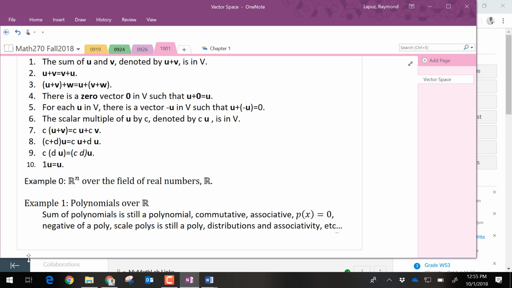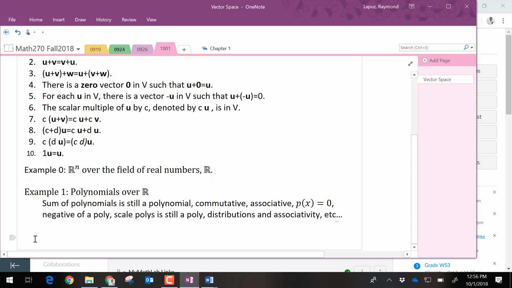But if I collect the set of all continuous functions, for example, those also form a vector space, anything that would satisfy the 10 axioms. Okay. So this is a vector space that we're not used to calling a vector space, but it's still a vector space. So that's what makes this idea of a vector space kind of interesting, is that we have a polynomial, but we can also call a polynomial a vector in our vector space.